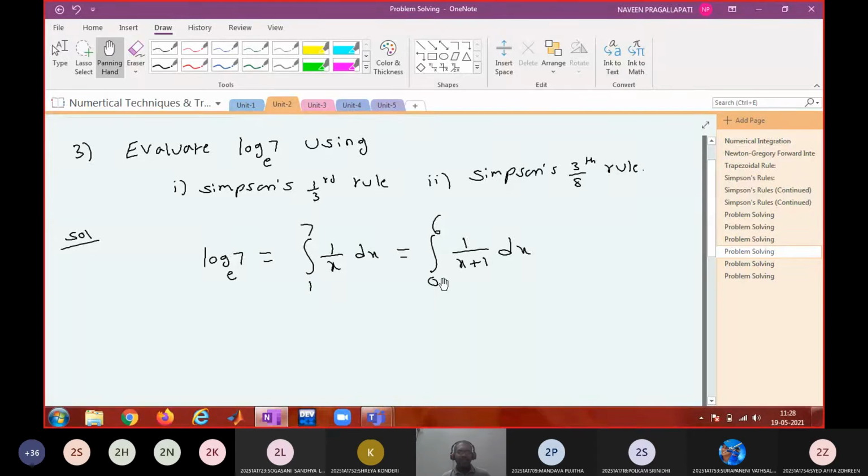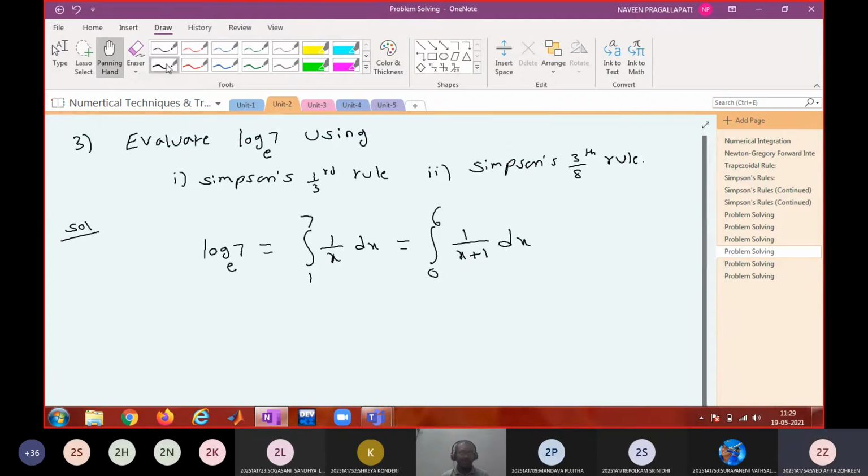So the answer is log 7. So both are the same. Agreed or not? Yes, sir. Okay, so for the 1/3 rule, let us take this one. For the 3/8 rule, let us take 1 by x plus 1. Is that fine?